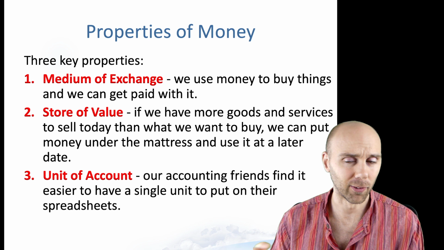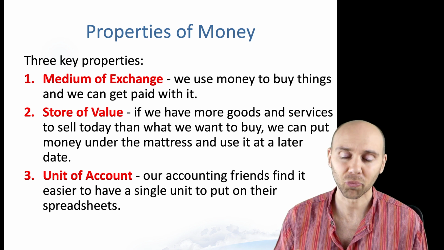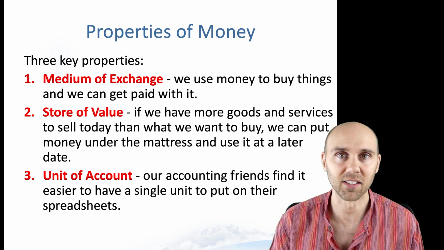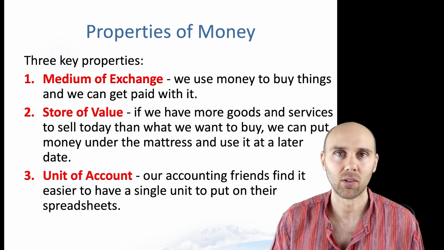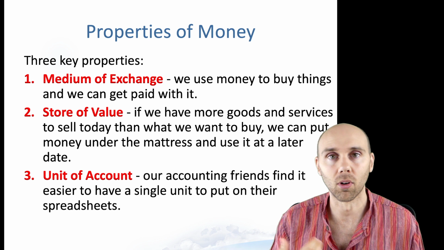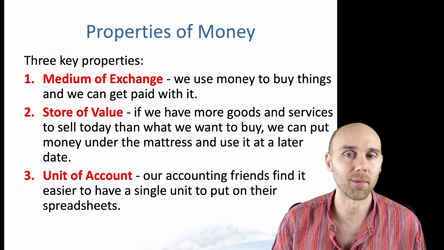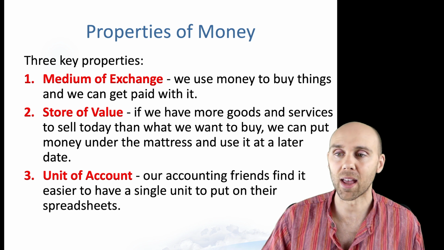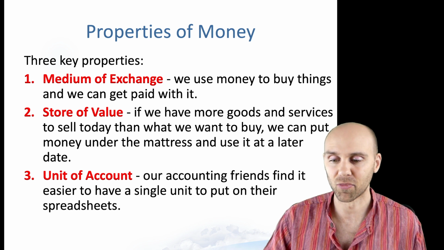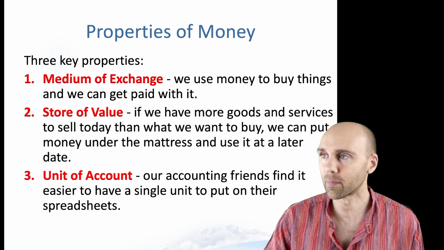I mean, it's very difficult to compare across like this. We want to find some way to centralize things so that we can get an accurate yardstick to measure things by, just like we use centimeters or meters for length, kilograms for weight. So money is something that we can use as an accounting measure to help us keep track of these prices.